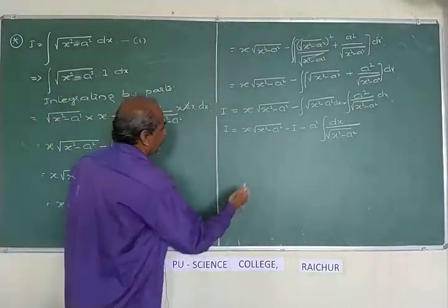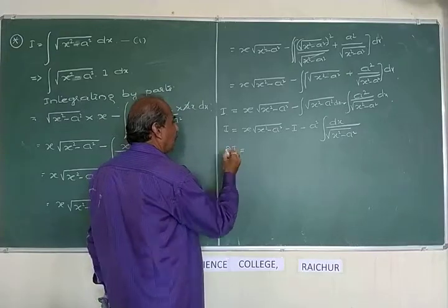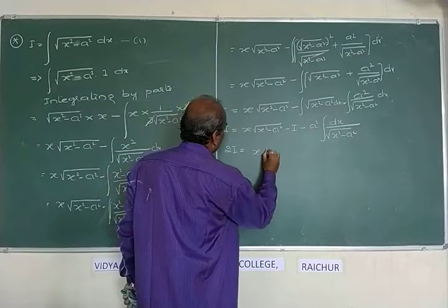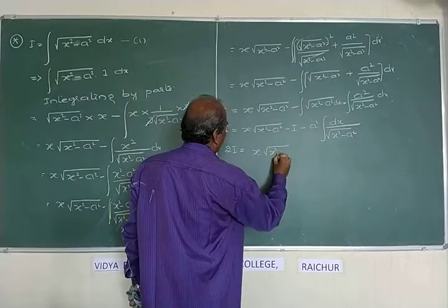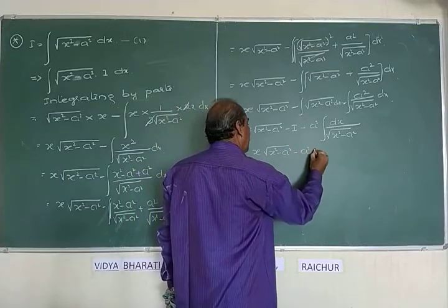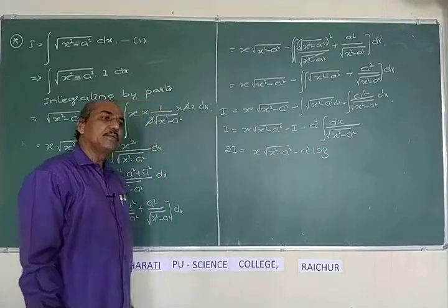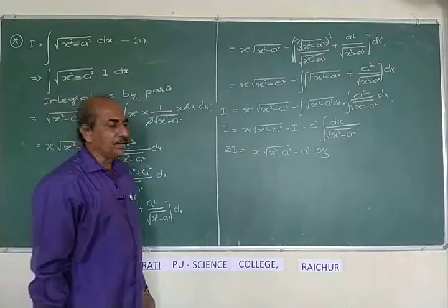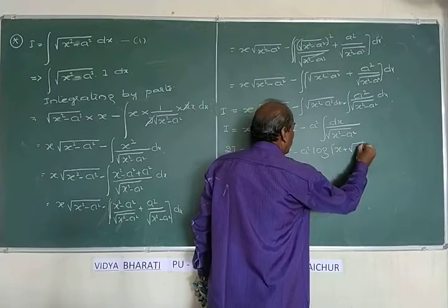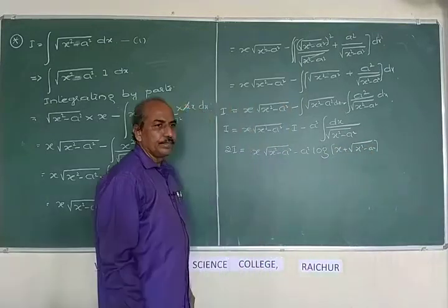Bring this minus I to the left hand side, I plus I, it becomes 2I. 2I is equal to x into root of x square minus a square minus a square into, formula is dx by root of x square minus a square is log of x plus root of x square minus a square.